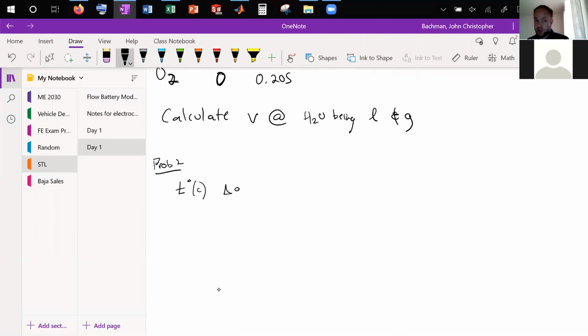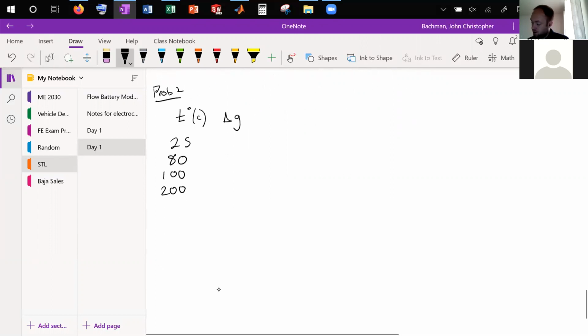We're going to have delta G, and so this will be 25, 80, 100, 200, 400, 600, 800, 1000. This is negative 237, negative 228, and these are in kilojoules per mole.